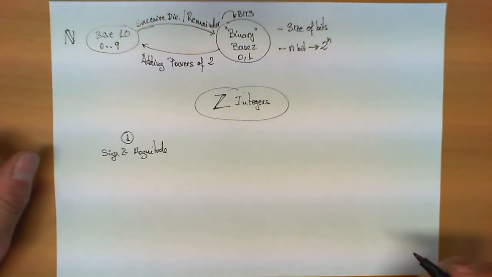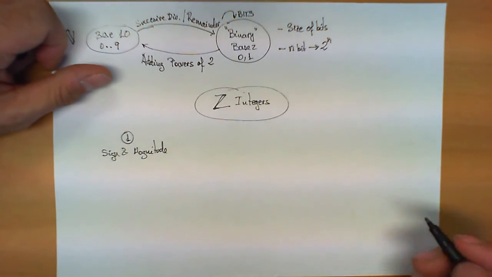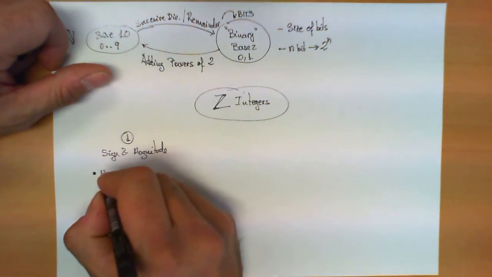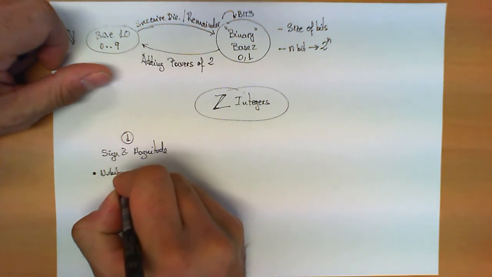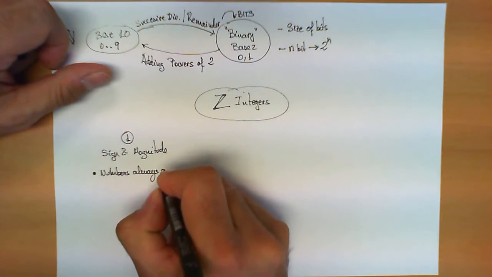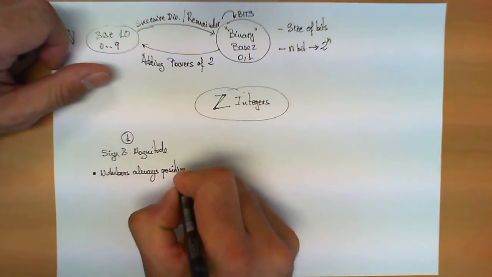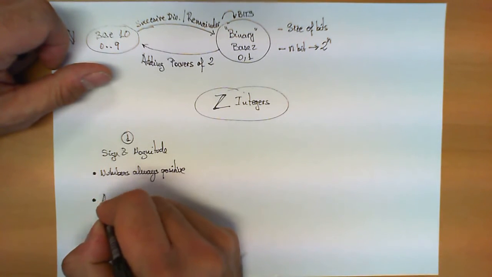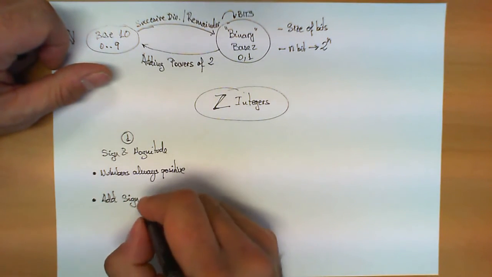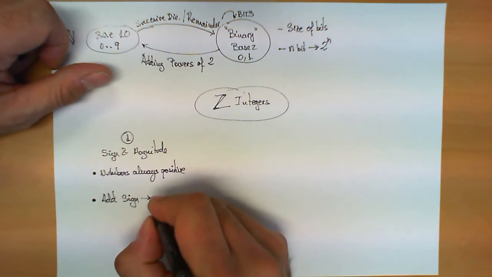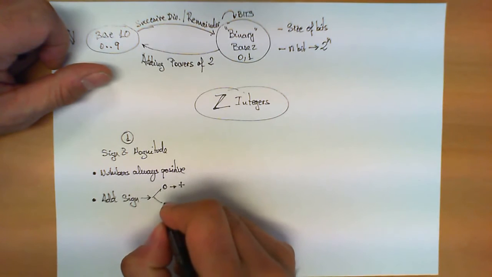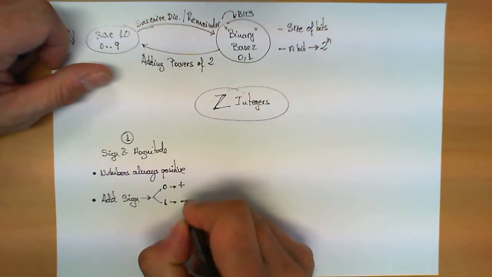The rules for this representation are the following. We're going to represent numbers always positive, and then we add 1 bit to represent the sign. That sign is a 0 for the positive sign and a 1 for the negative sign.